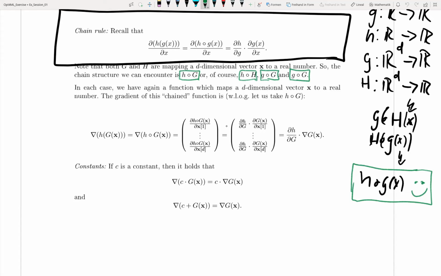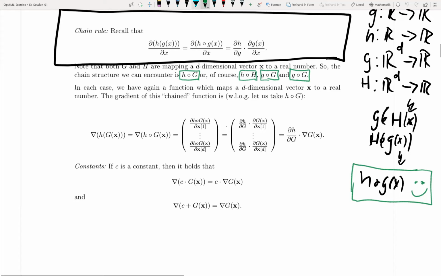Well, again, what is the definition of the gradient? It would be collecting the partial derivatives of the resulting function. Now the resulting function is h, first applying G, then h, and then varying one of the respective components, depending on which row we are in.